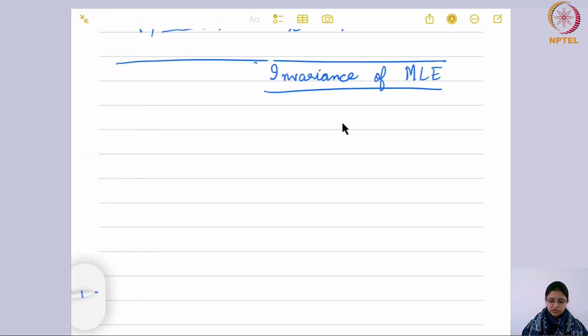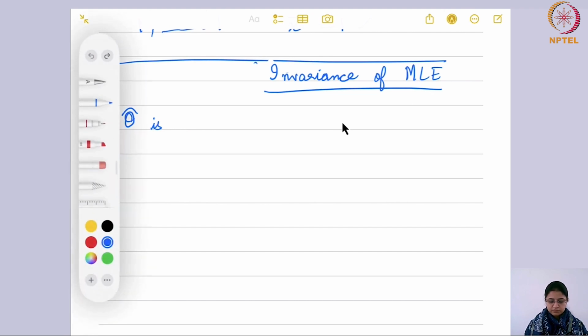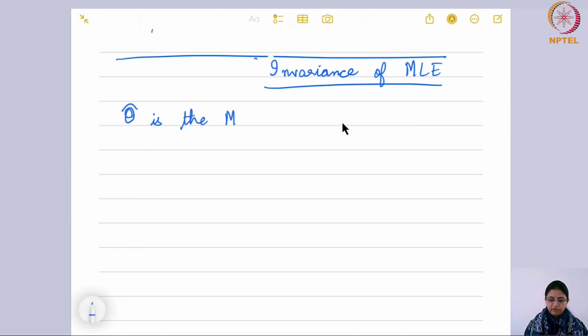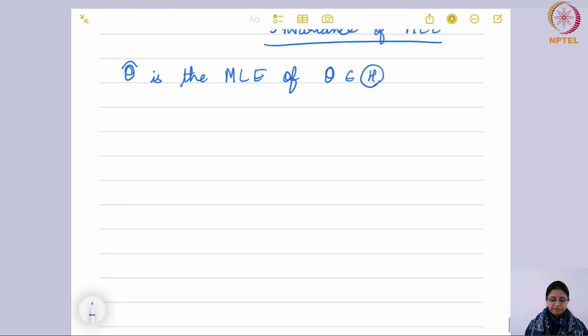Let us first write the theorem and then try to see how it can be proved. The theorem says that if theta hat is the MLE of theta, you have obtained the MLE of the original parameter, with some parameter space, and you now define a one-to-one function, that is phi.